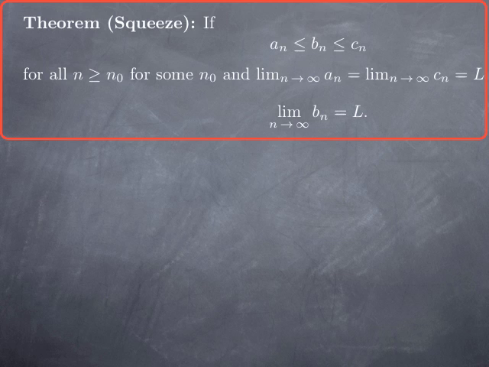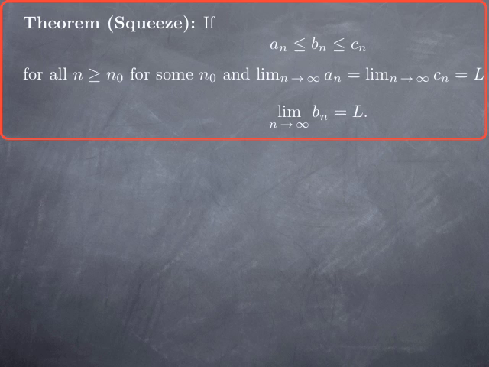You may remember that if you have three functions, with one that is squeezed between the other two, at least on an interval around a particular value, then if the two outside functions have the same limit at that particular value, then the function in the middle needs to have the same limit. The version for sequences is the same statement at infinity.